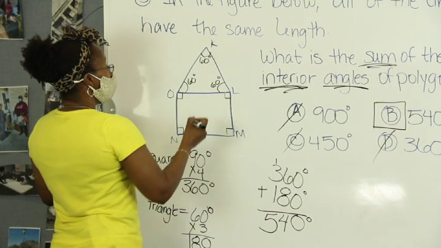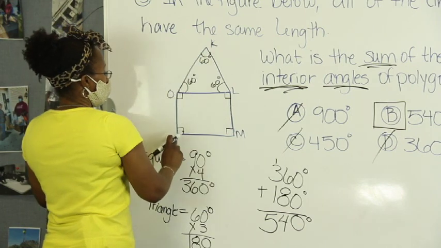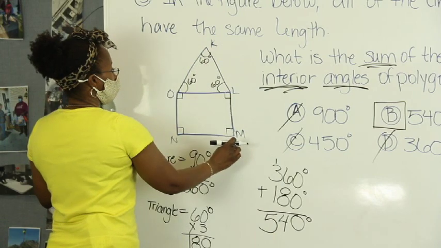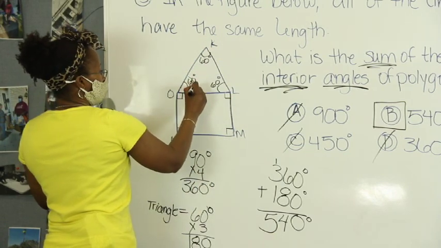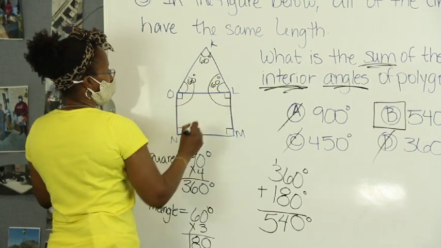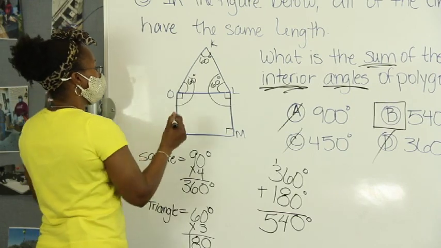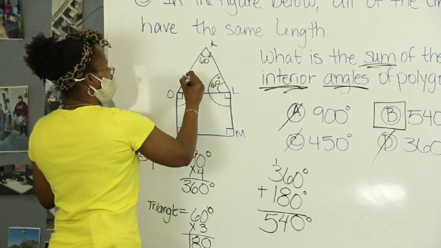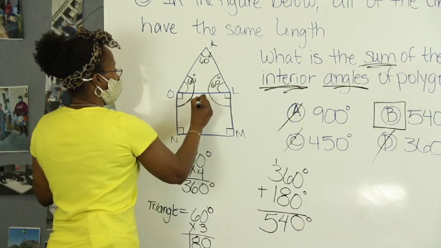So what I did for KON and KLM is I broke each one of these angles apart to figure it out. However, together they are the interior angle. So if you just add 60 plus the 90, this entire angle will be 150.